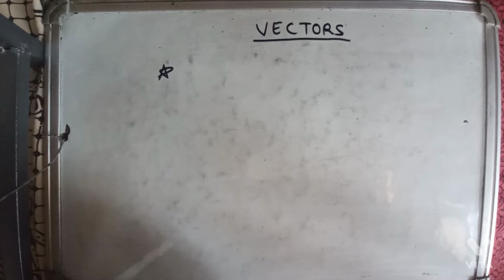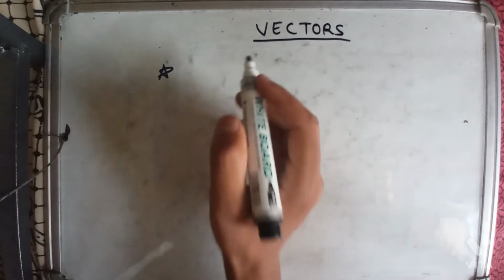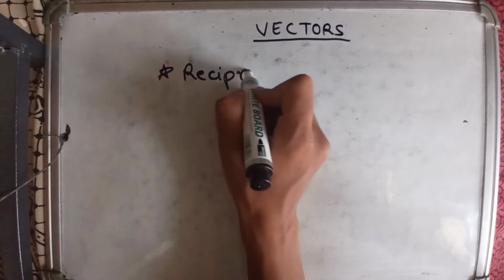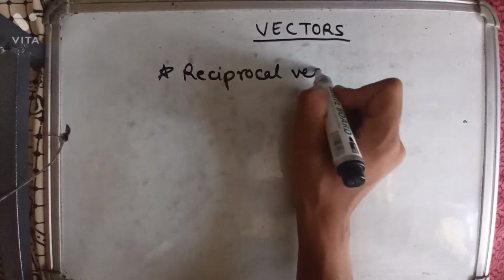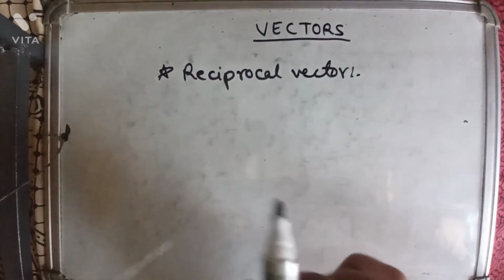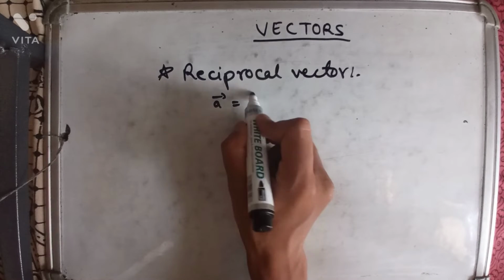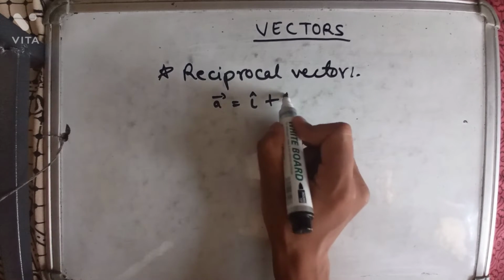Now the third one is the reciprocal vector. What is a reciprocal vector? Suppose a vector is given that a is equal to i cap plus j cap.